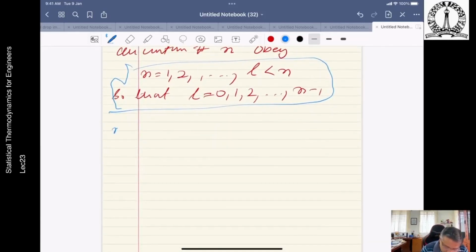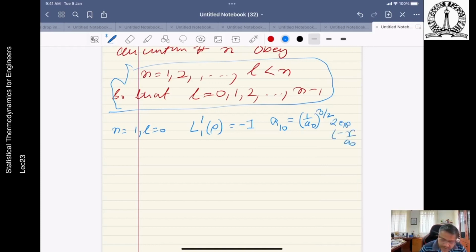So n equal to 1, L equal to 0, the Laguerre polynomial L 1, 1 of rho is equal to minus 1, and R 1,0 is given as 1 over a naught to the power of 3 by 2 into 2 exponential minus r by a naught. That's the first one.